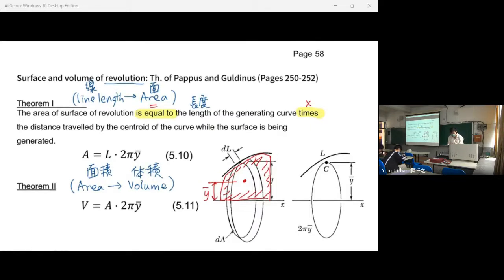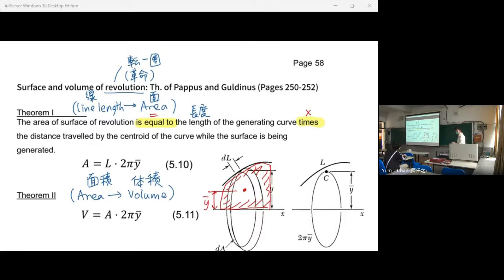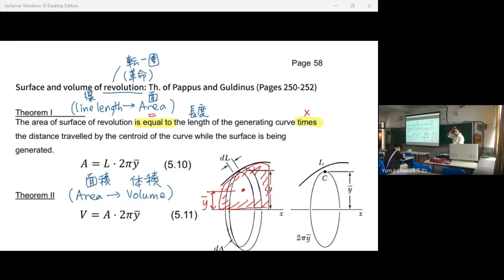If you look up a dictionary, revolution means turning one full circle, or in politics it means revolution. And this theorem has a name that looks like this, and don't ask me how to pronounce it.